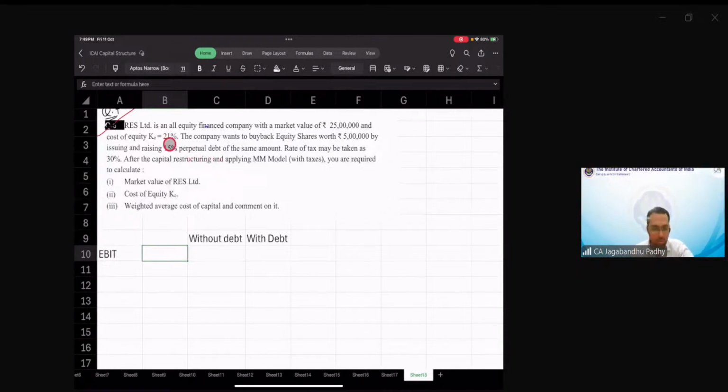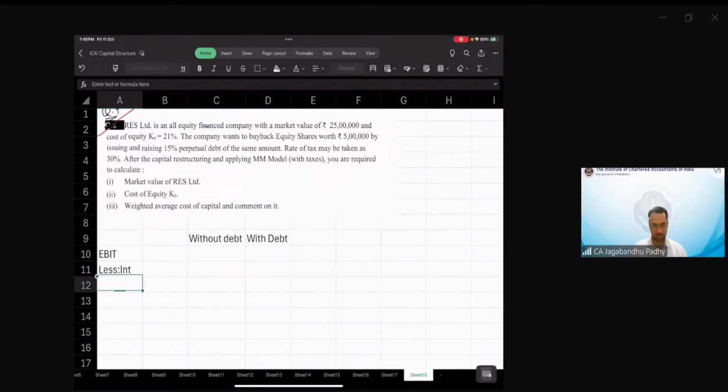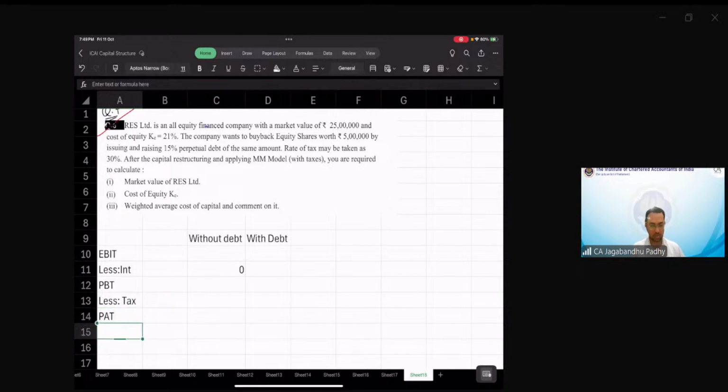So right now, it's an all equity finance company with a market value of 25 lakh and a cost of equity of 21%. Company wants to buy back this. Now we don't know what is the EBIT. Of course, I can say the interest is 0. We don't know what is a PBT, and from that obviously we'll be deducting the tax also and the PAT.